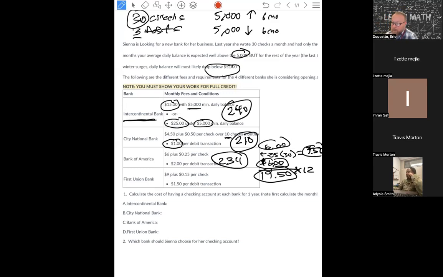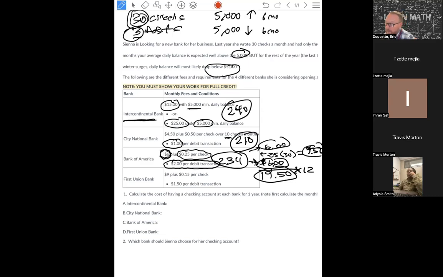Okay, can you see my screen right now? If you have $6, that's a flat rate right there. Then you have 2 times every debit transaction, which we said the debit transactions were 3 up here at the top. So that's $6. And then the checks are 25 cents for every check. She does 30 checks.